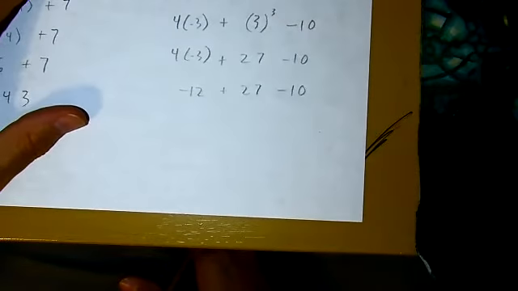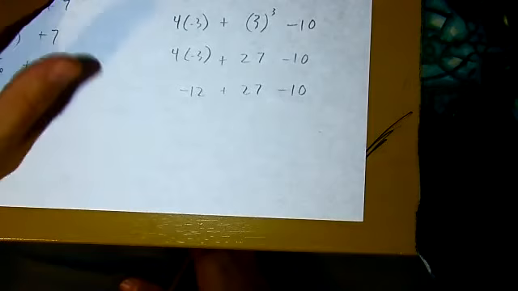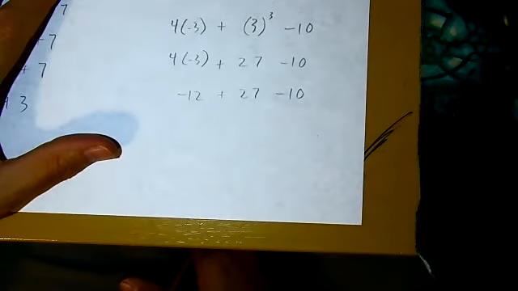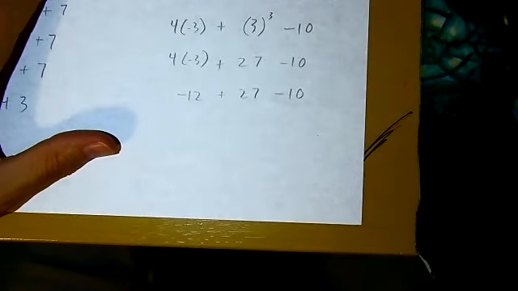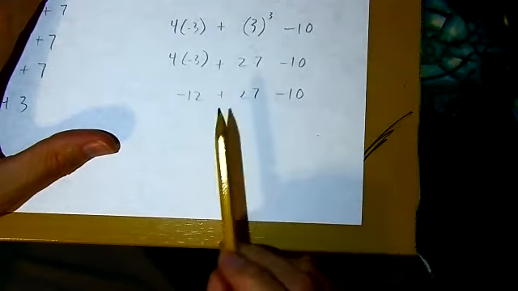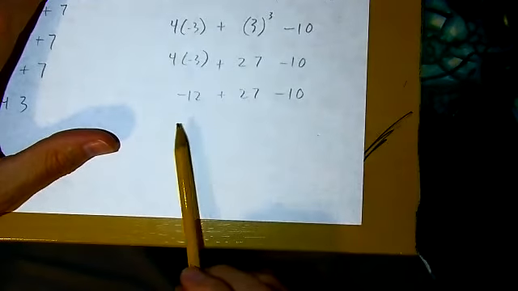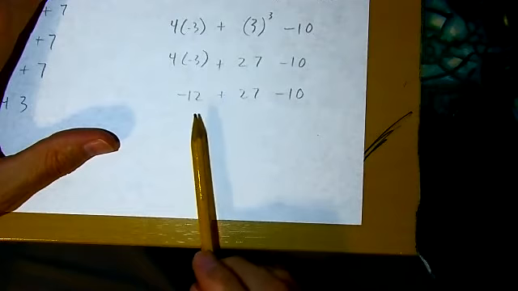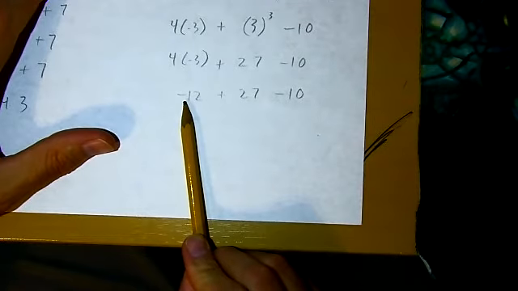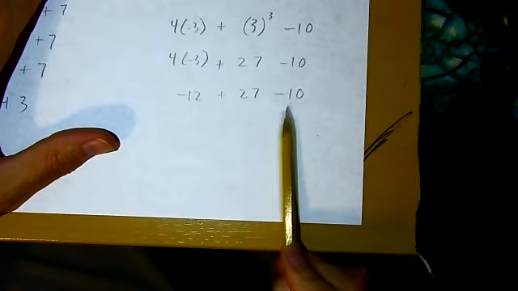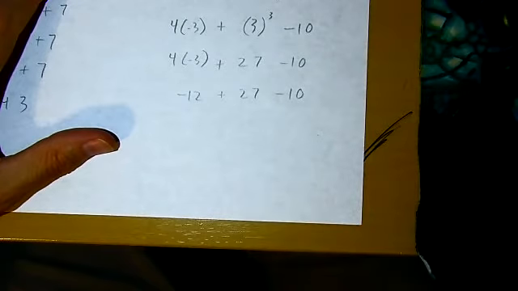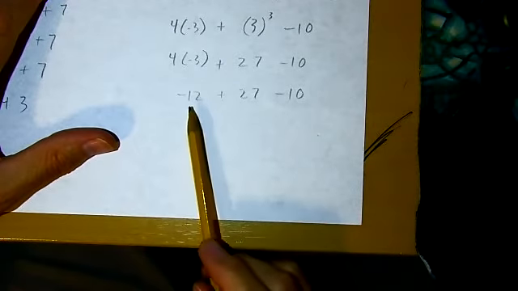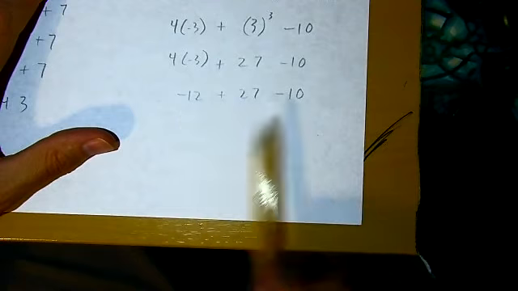In this case, I personally would work this a different way. If you want to continue to work this left to right, that's fine. What I do is I combine like terms, or I combine like signs, is what I should have said. So you've got a -12 here and a -10 here. I know my integer rules, which tells me that two negatives can be added together.